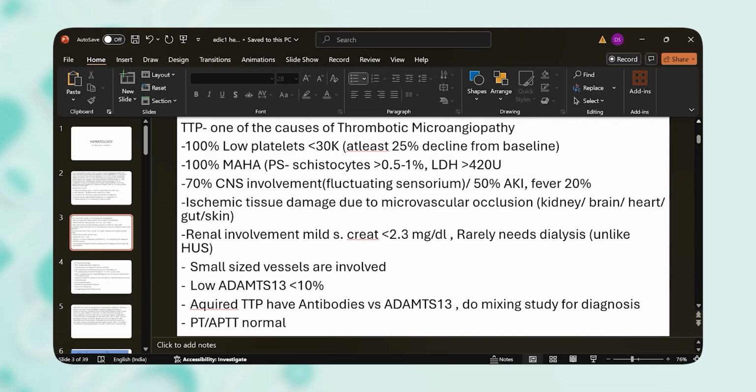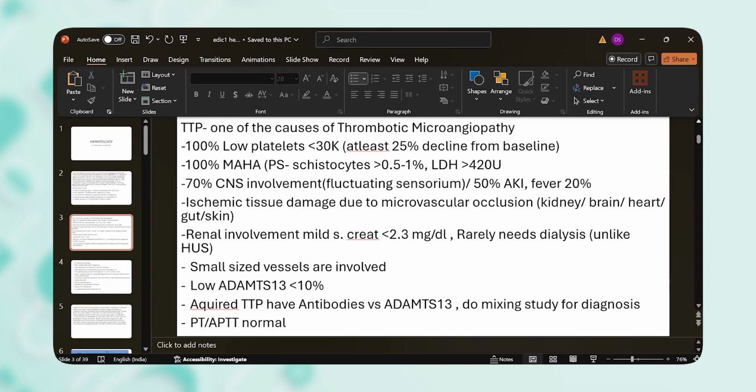So renal involvement is again mild, creatinine of less than 2.3. Rarely needs dialysis. Small size vessels are involved. Low ADAMTS13 again. There are many conditions where ADAMTS13 will be low, like in sepsis, in pregnancy, in burns, trauma. But again, the levels of ADAMTS13 won't be this low.